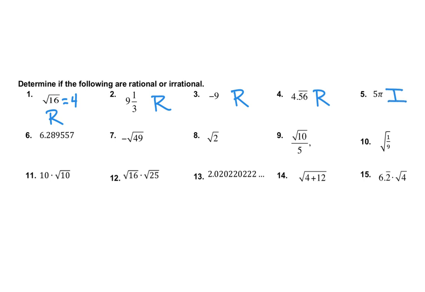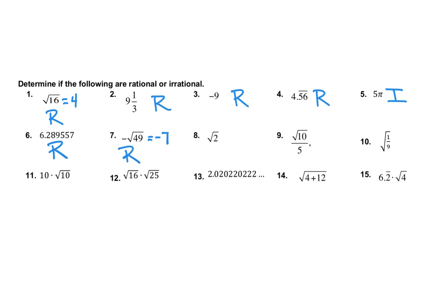For number 6, we have 6.289557. Now, if this had the dot, dot, dot after it, we would consider that to be irrational. But because this is just stopping, it is going to be rational. We have negative square root of 49, which is equal to negative 7, and so that one is also rational.